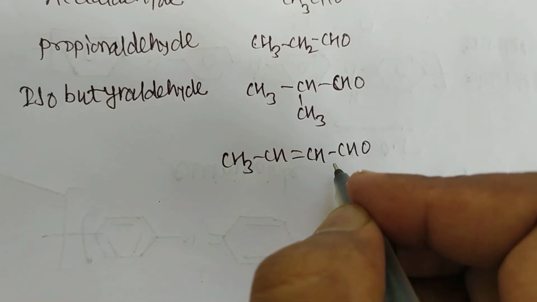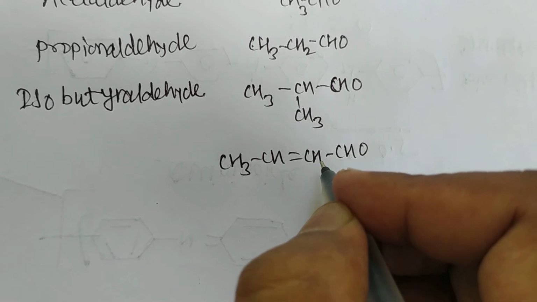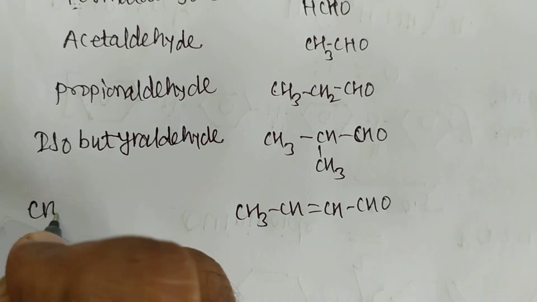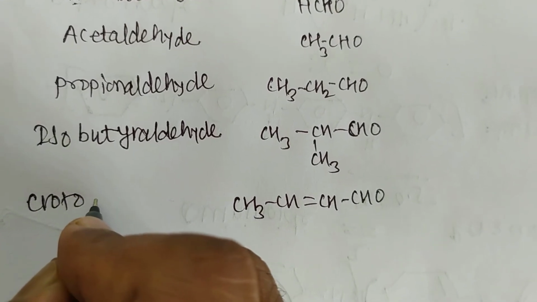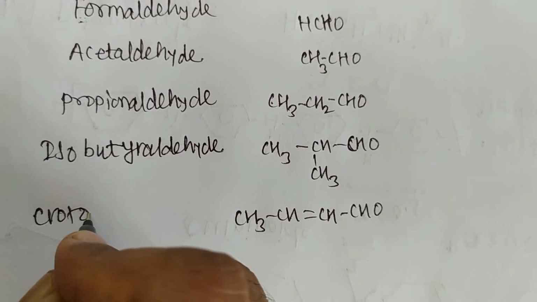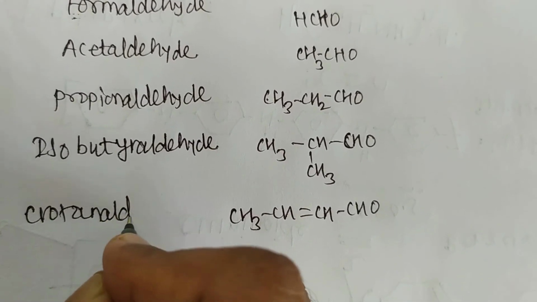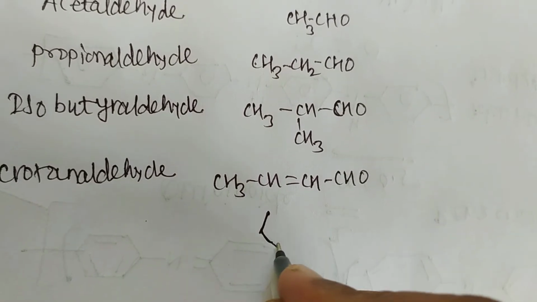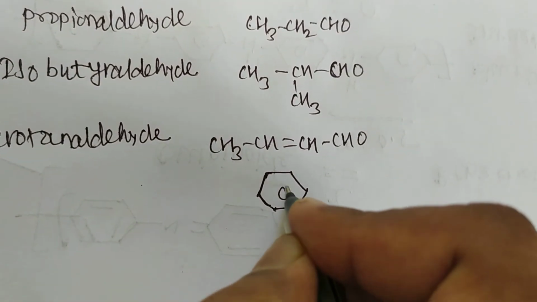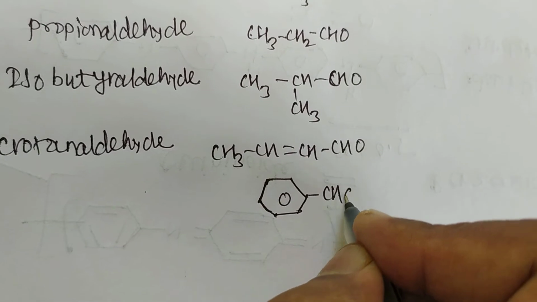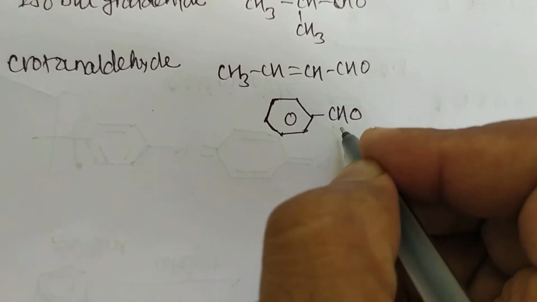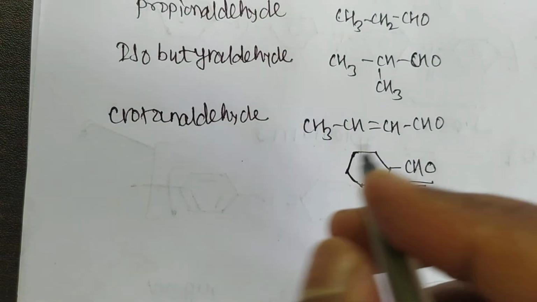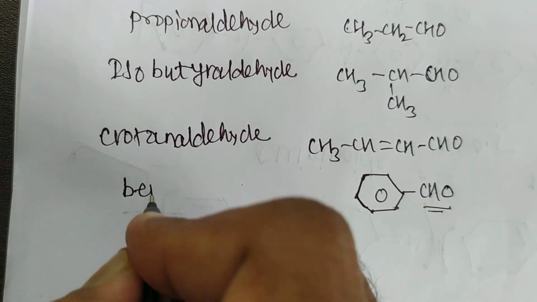When it undergoes oxidation, then we obtain crotonic acid. Therefore, its name is crotonaldehyde. Suppose this is an example of aldehyde. When it undergoes oxidation, then we obtain benzoic acid, and from benzoic acid it is named benzaldehyde.